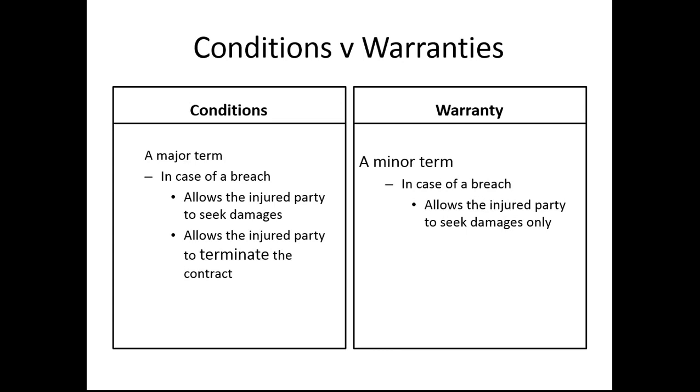So a major term of contract is a condition. Some of them are implied, some of them are expressed. Implied is simple because the law says what they are. Expressed, more difficult. However, if it's a condition, it allows damages and it allows also termination.